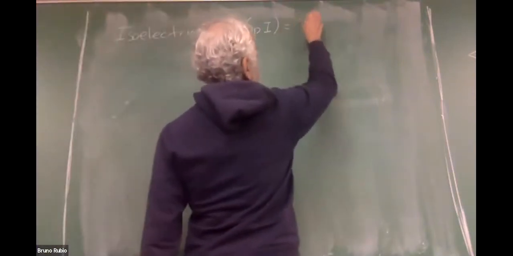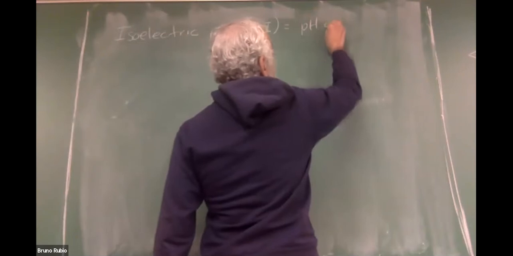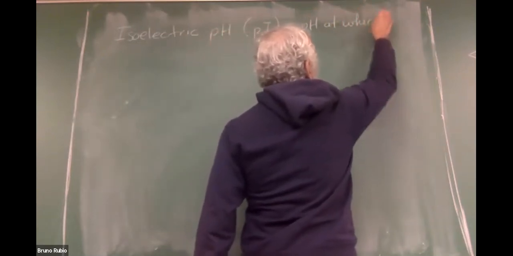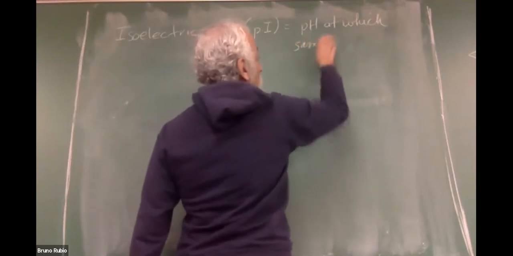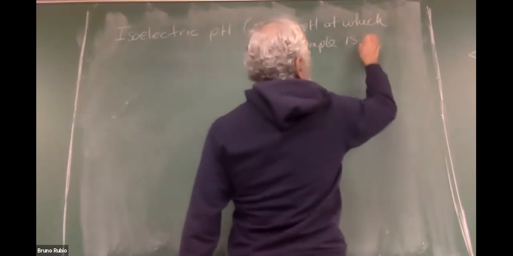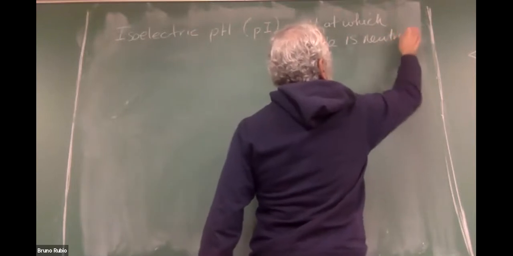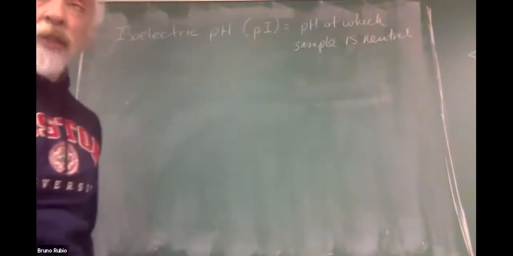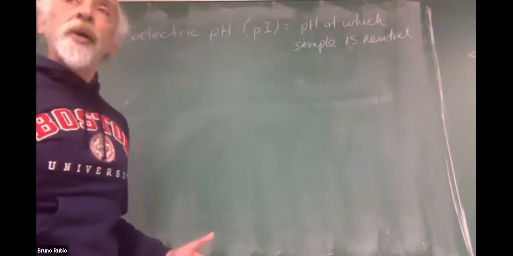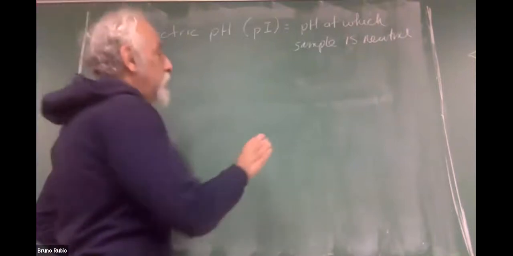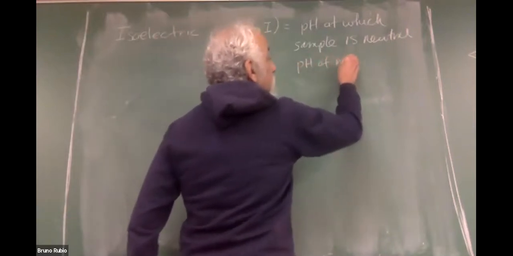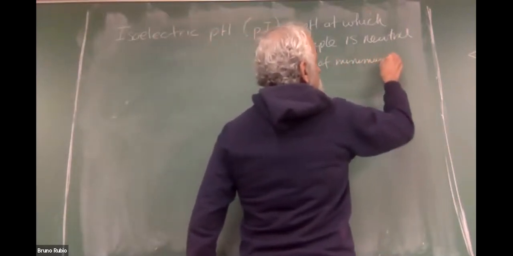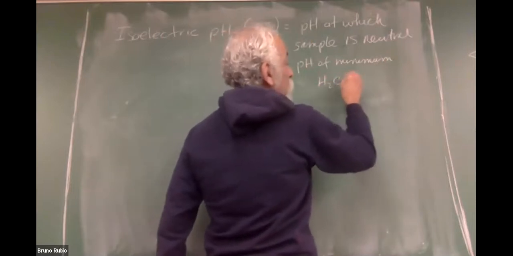This is the pH at which the sample is neutral, no charge. And when we're talking about an amino acid, this is the pH of minimum water solubility.